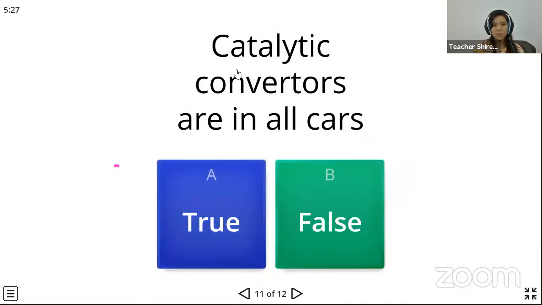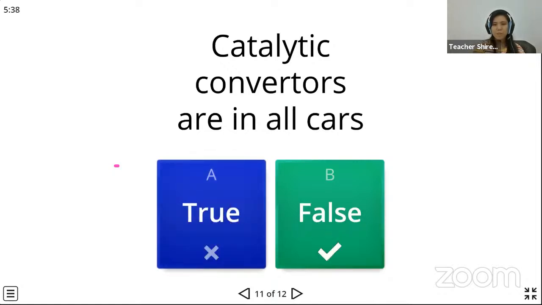Okay, this one is slightly hard because I didn't teach you that. Okay, converters are in all cars. Most cars, but not all cars.